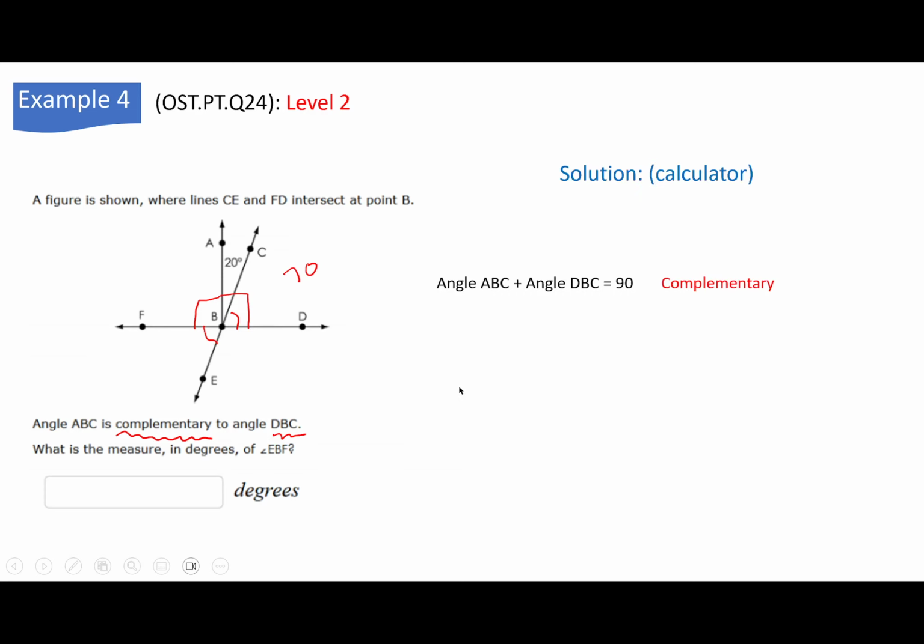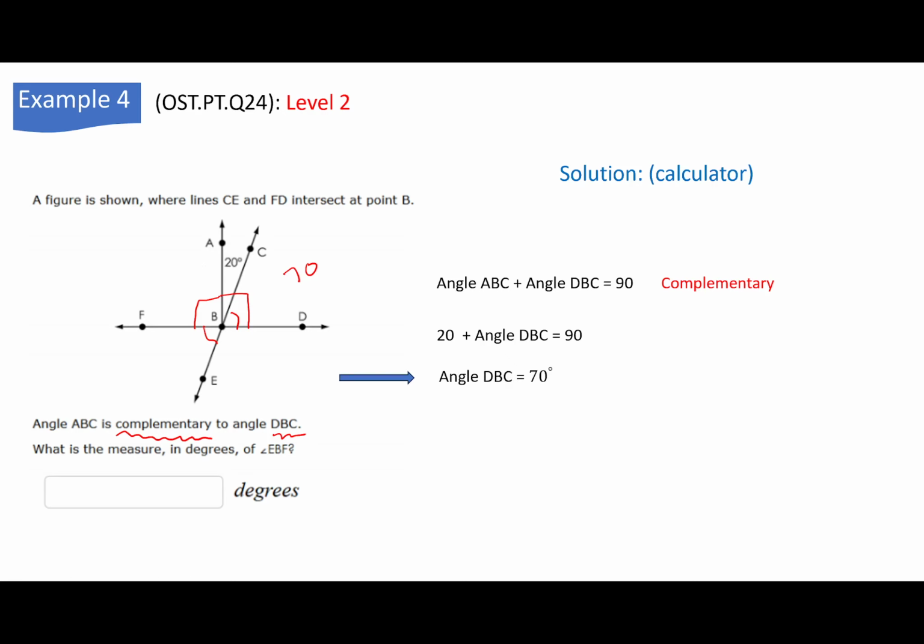Angle ABC plus angle DBC is 90 degrees, complementary. That's what they're saying. They told us that. Now, ABC is 20. So 20 plus angle DBC is 90. Subtract 20 from both sides.